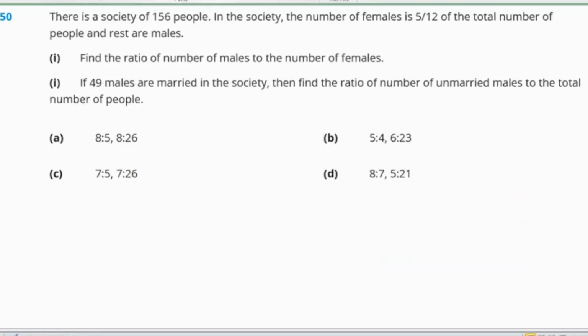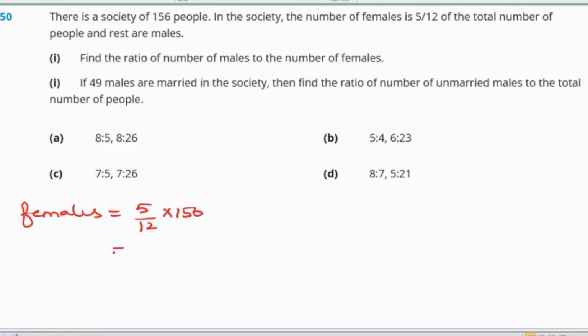Okay, let's talk about question number 50. There is a society of 156 people. In the society, the number of females is 5 by 12 of the total number of people, and the rest are males. So first we will find the number of females. That is 5 by 12 of 156.